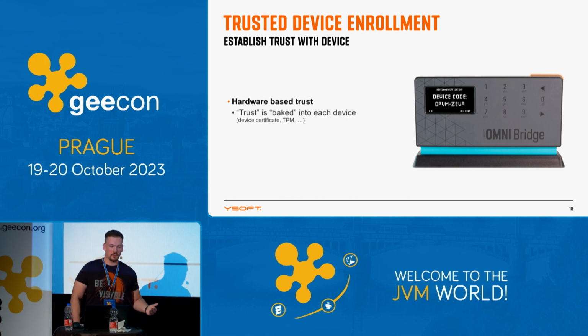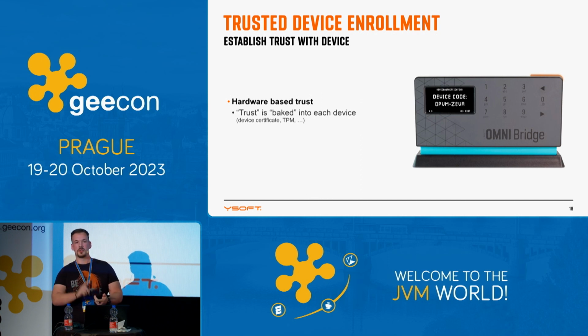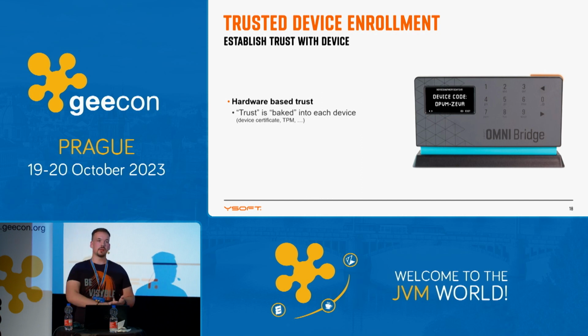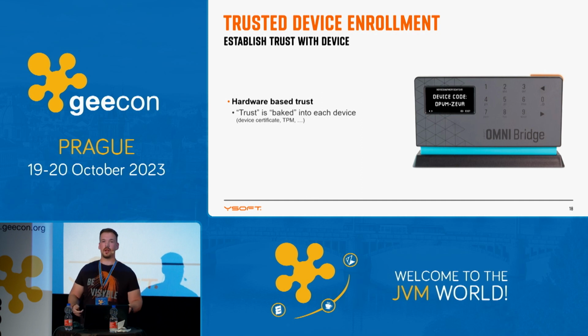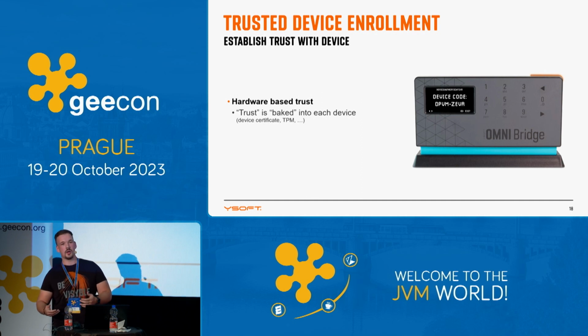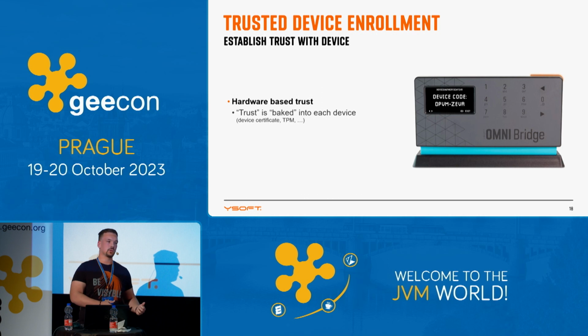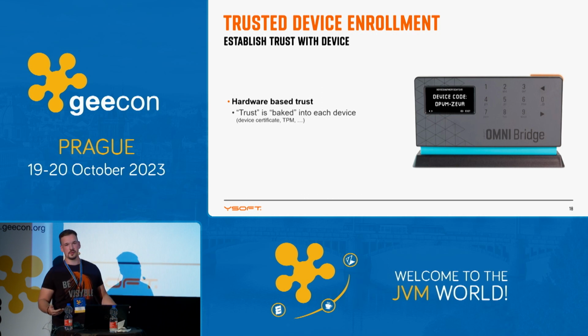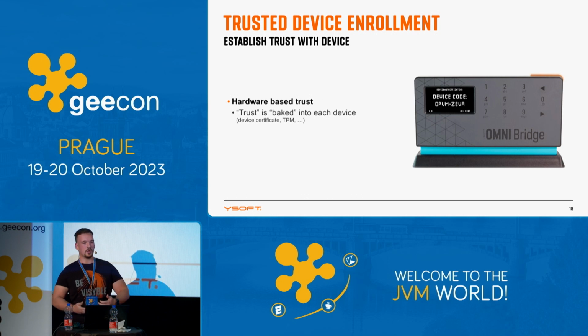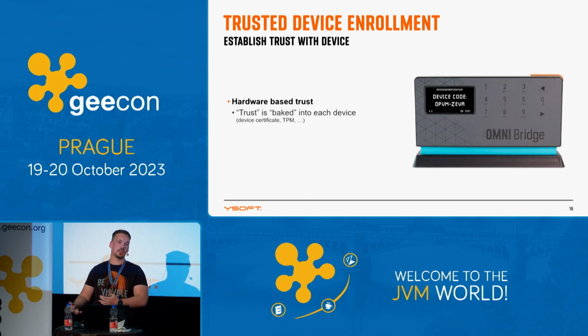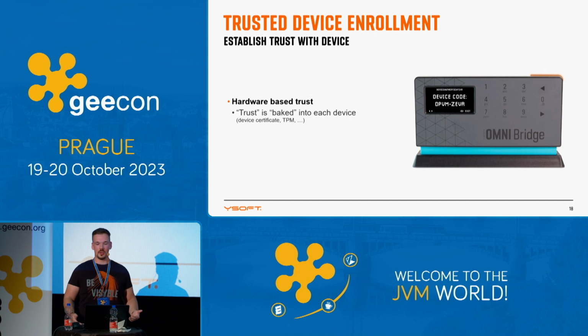The first line of defense, as I've already mentioned, is hardware-based trust. Typically, you would have a TPM, you would have some baked-in certificate, or anything along those lines. Really depends how far you are involved in the selection of the devices. If you have that fully in your control, or if you are manufacturing your devices, much easier. If you just outsource the program and it can run on anything, well, you cannot really do that.